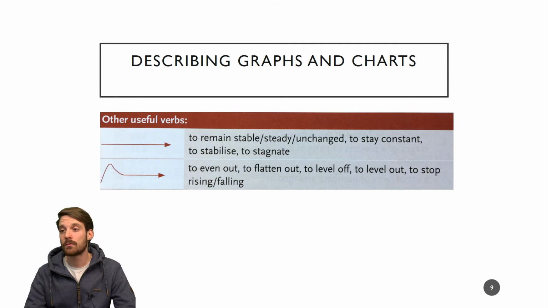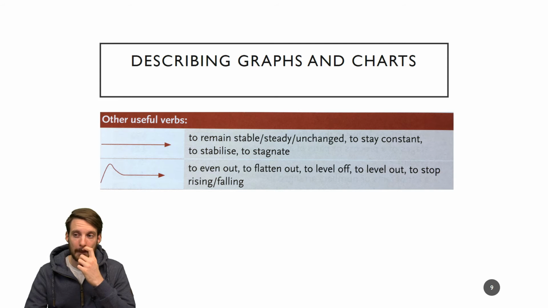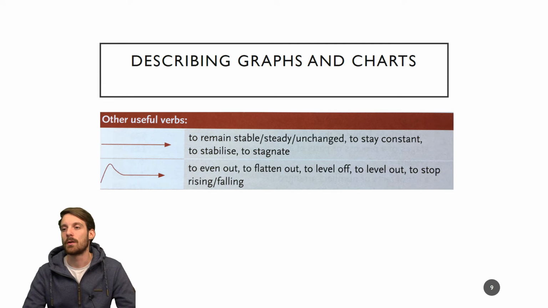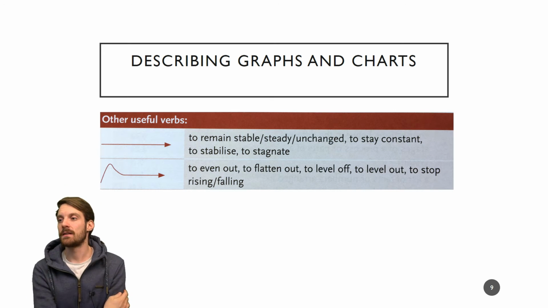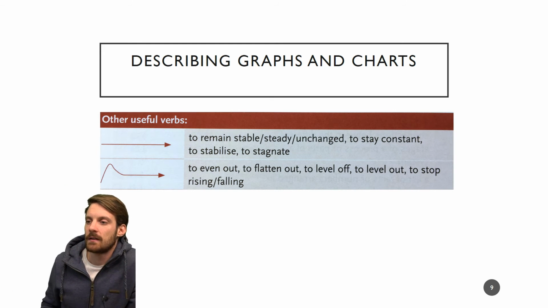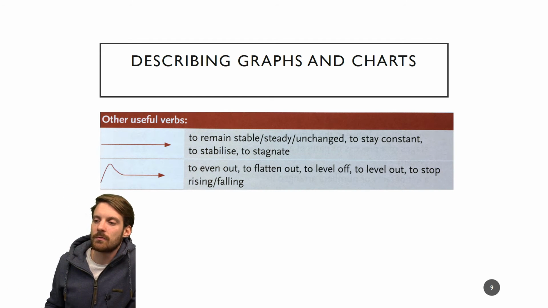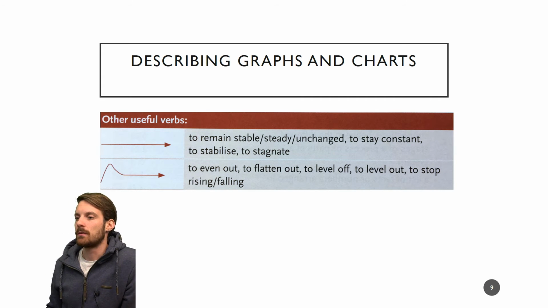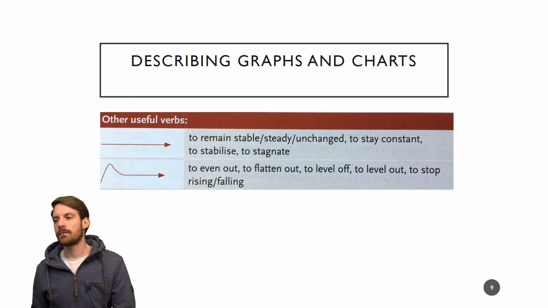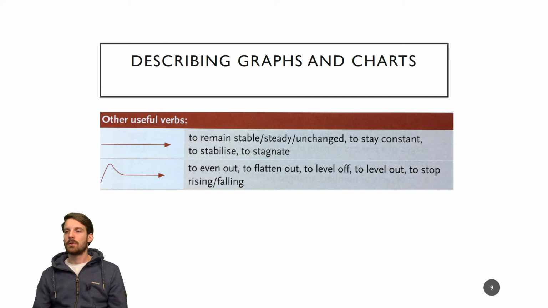And those are the phrases we can use if something is stagnating. So to remain stable, steady, unchanged, stay constant, stabilize, to stagnate, or something can also even out, so to flatten out, level off, or level out, to stop falling.